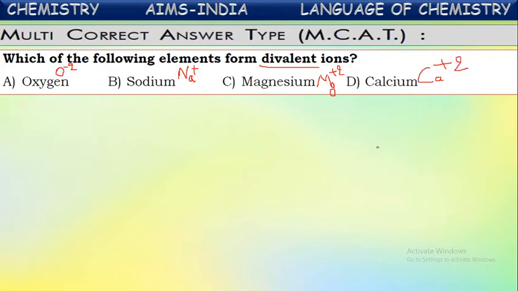So its valency is also 2. The valency of calcium, magnesium, and oxygen, for these three, the valency is 2. So these three elements can form divalent ions, except sodium, which forms a monovalent ion. Okay, these three are correct answers.